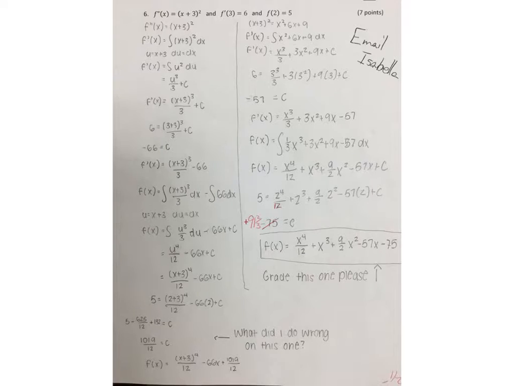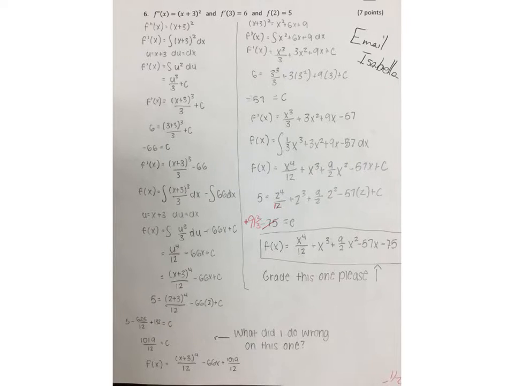Now, on the right-hand side is what pretty much everybody did, because we hadn't gotten to integration by u substitution yet. So, here she FOILed it out and integrated it. She plugged in the point 36 and solved for c and got negative 57. A lot of you guys did the same thing.